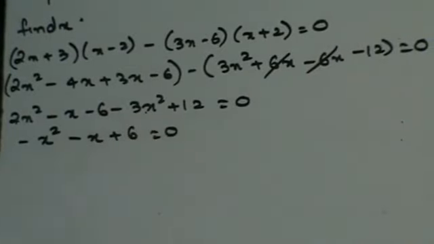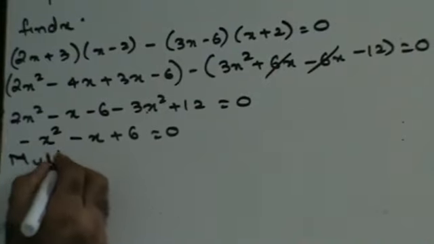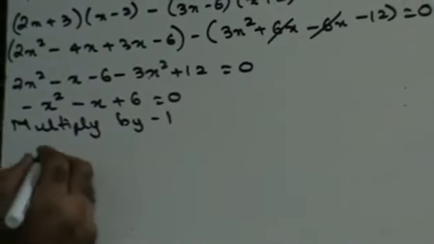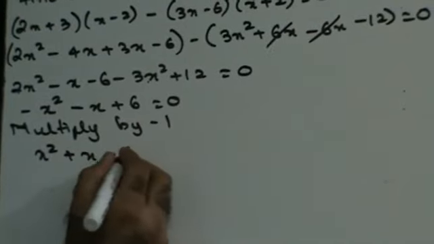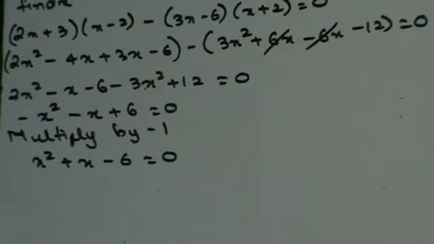But we know that in a quadratic equation, the square term should not be negative. So multiply by minus 1. If I multiply by minus 1, I get x square minus x minus 6 is 0. Factorize this. Factors of 6 are 3 and 2.